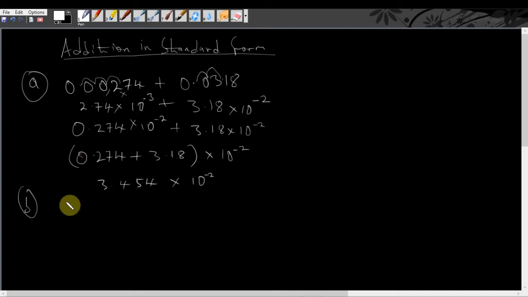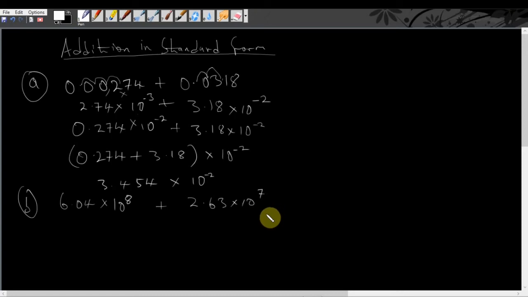Okay, let's just solve another one now. Let's say you are given 6.04 times 10 to the power 8 plus 2.63 times 10 to the power 7. Okay, this one is already in standard form. Now look for a way to either increase the power of this to become 8 or reduce this to become 7.